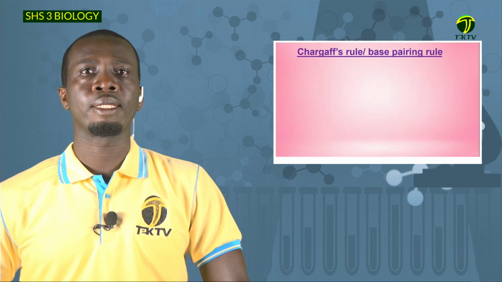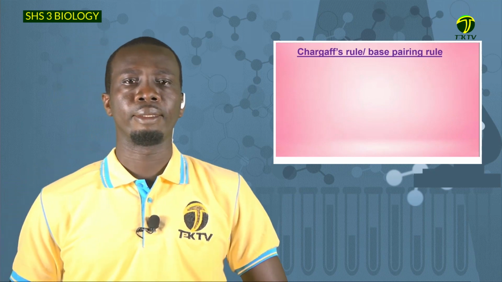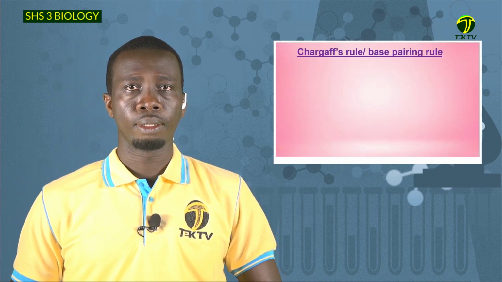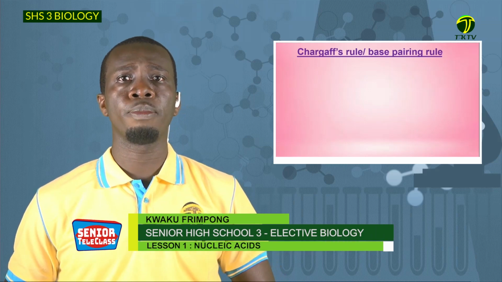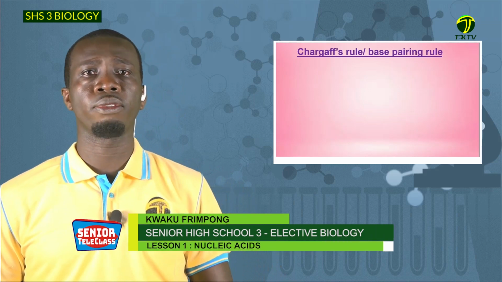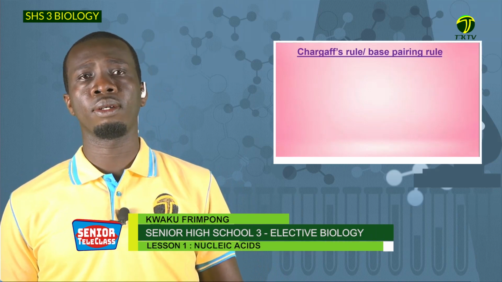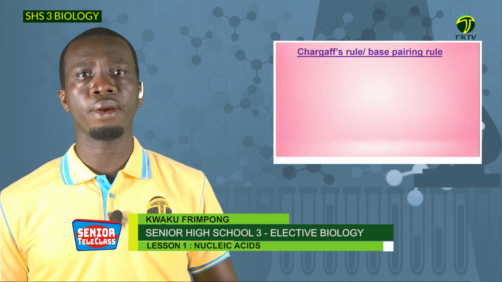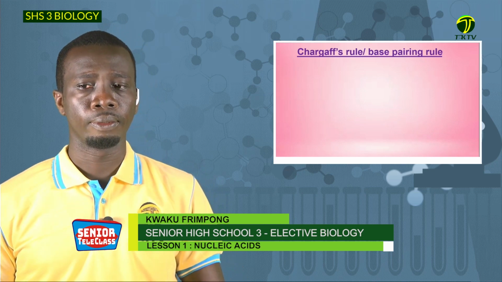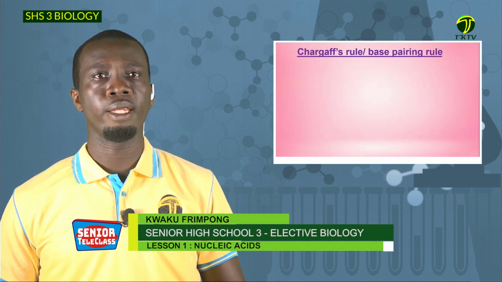Then we want to look at how the bases are paired. Because the pairing of the bases will show the structure of the DNA that we are looking at, or the nucleic acid that we are looking at, or the RNA. They do not pair anyhow.